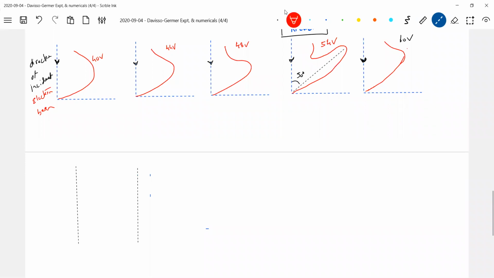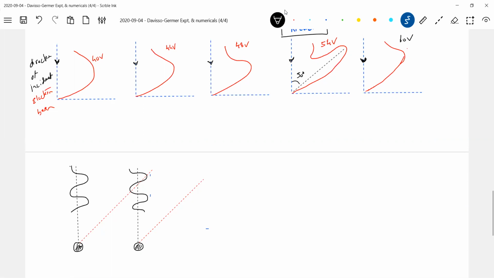So this is the scattered beam. And this is the molecule. The incident, just because you know wave, no? So some sort of idea of wave is what I'm trying to bring.